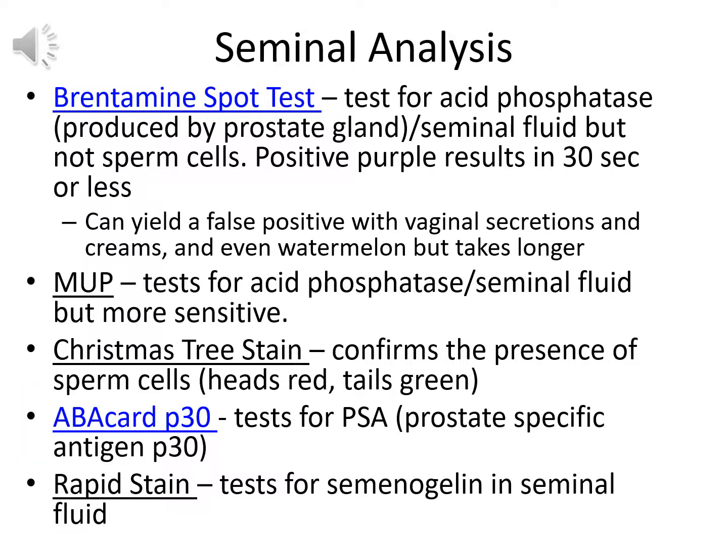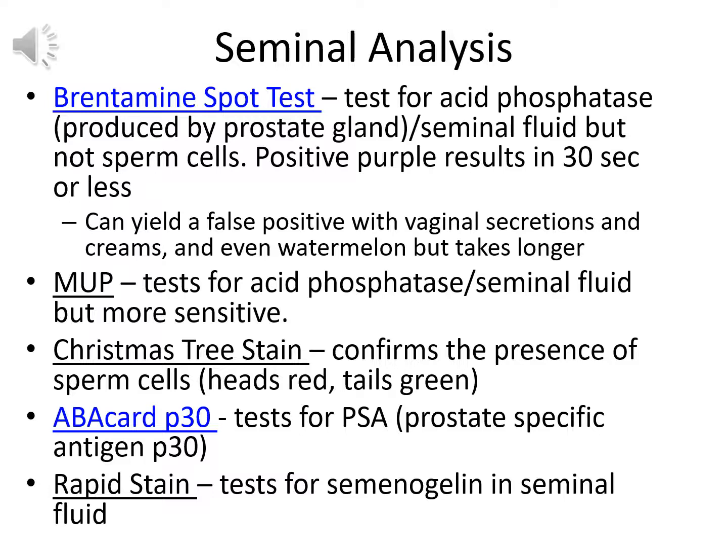Like we were looking for blood, trying to confirm the blood being actually blood first and then human blood second, we need to perform some tests on the semen to determine if indeed we're dealing with semen. The first test is the Brentamine spot test, and this is a test for the acid phosphatase from the prostate gland. The seminal fluid has it, but it's not specifically from sperm cells, which, again, maybe there's no sperm present anyway, based on those conditions that we talked about.